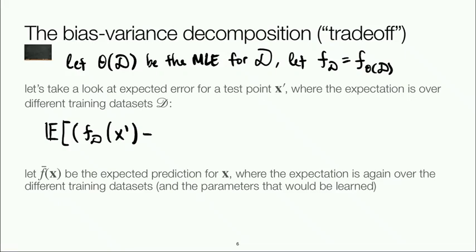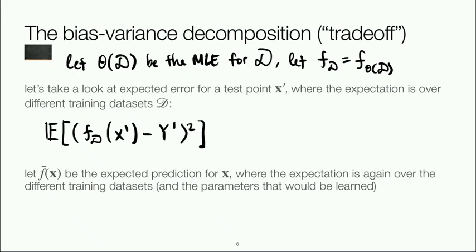But the label, or I should say the target, is itself a random variable. There's additive Gaussian noise on top of that: it's the true f of x plus some epsilon. So we treat this as a random variable, which is why I give it a capital letter. And I'm looking at the expectation of what my model is going to predict versus what the actual target is.